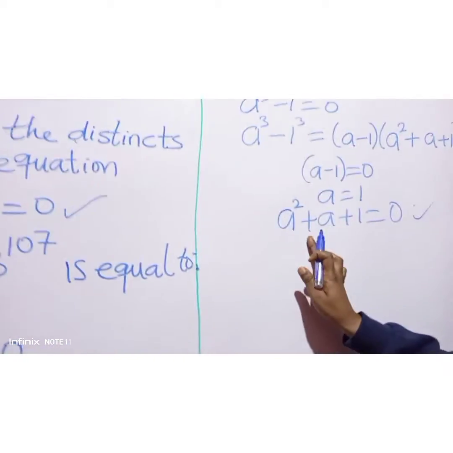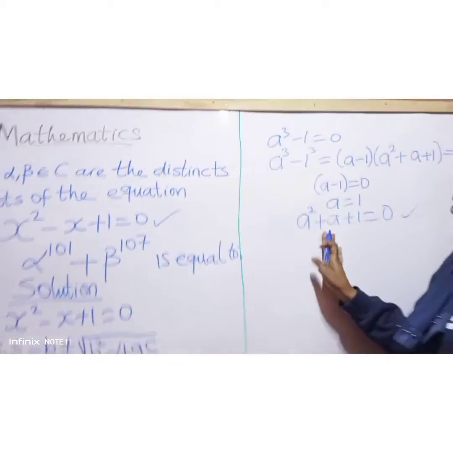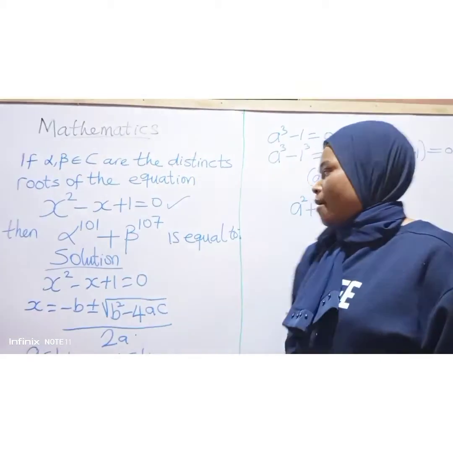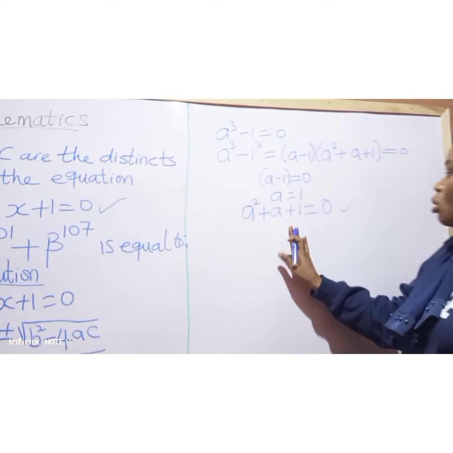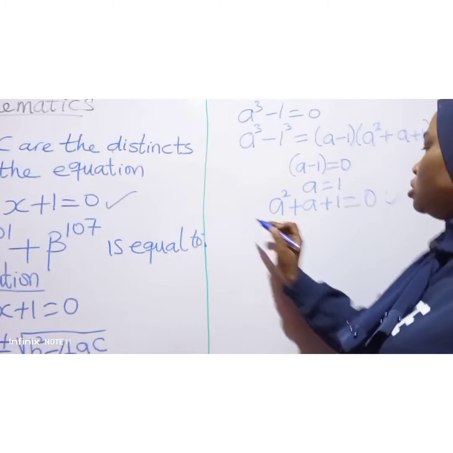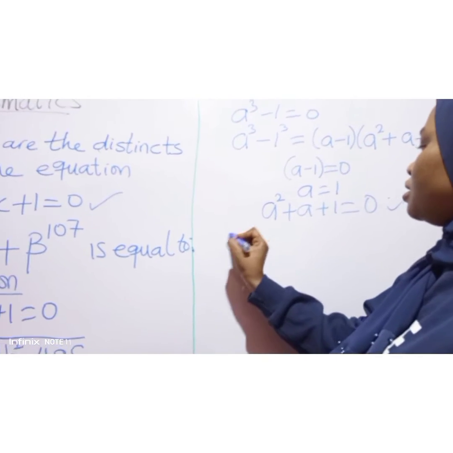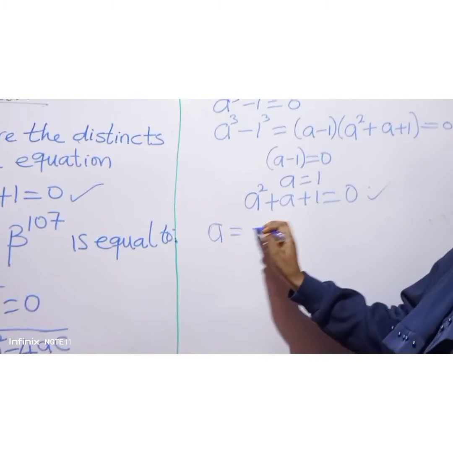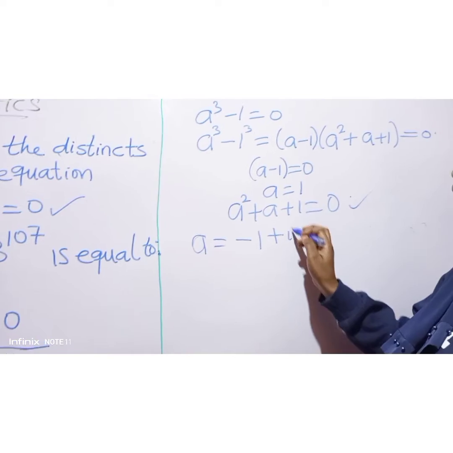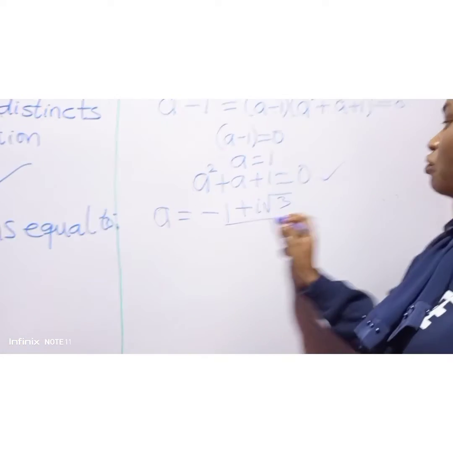It's just that the coefficient of a here is plus 1 and the coefficient of x here is minus 1. So if you find the roots of this quadratic equation, a is equal to minus 1 plus or minus i root 3 over 2.